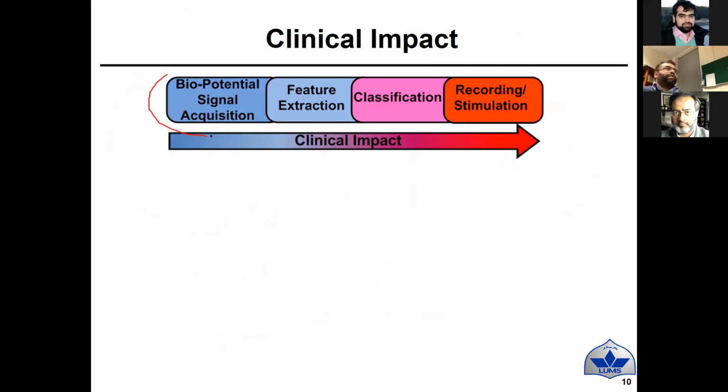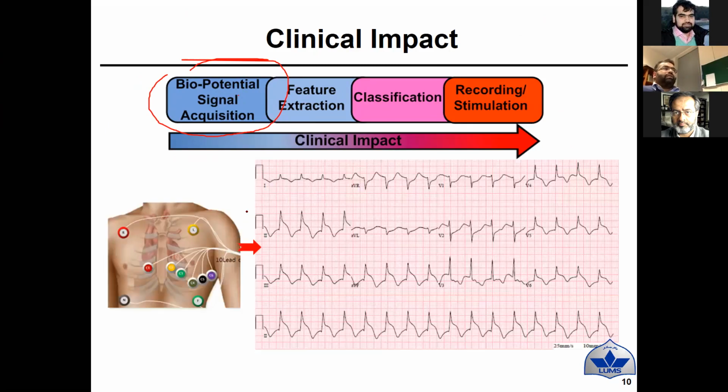So we normally say biopotential signal acquisition, feature extraction, classification, and recording or stimulation. So we should have all of these things. If you take an example of ECG, which is a common one we can link to: for ECG, we normally have biopotential signal acquisition, meaning we acquire the signal from your chest.